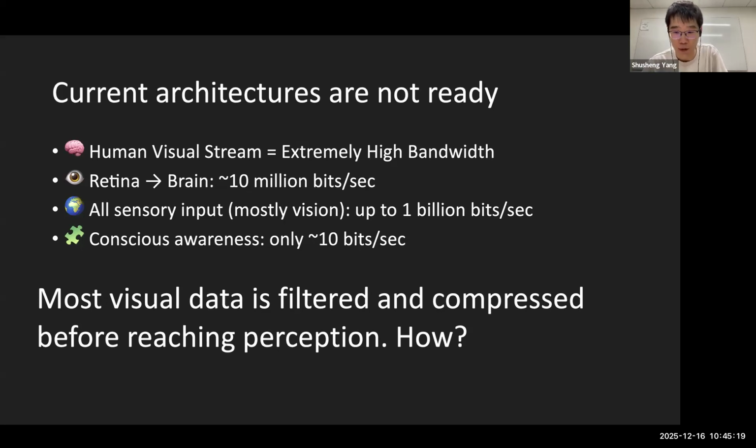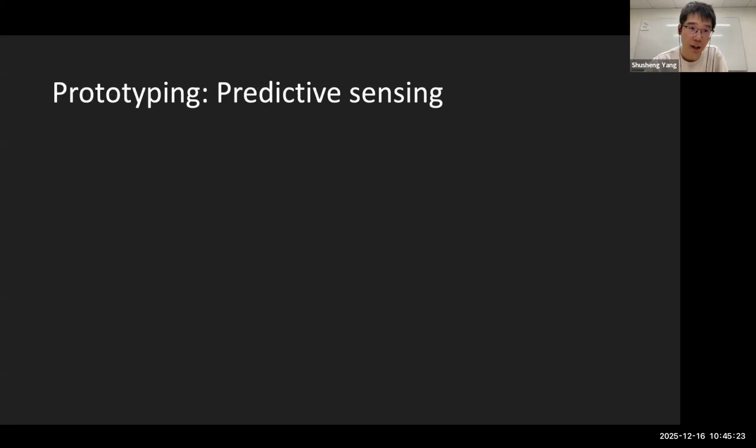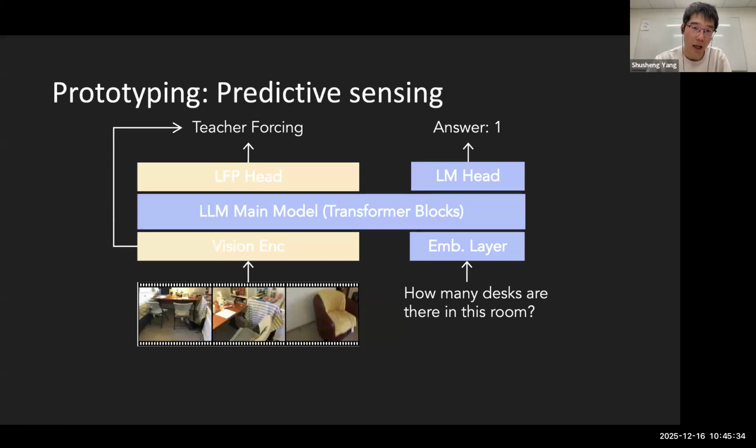But how can humans achieve this? Here we prototype our answer for supersensing, and we call it predictive sensing. We slightly modified our stage 4, and we add one additional head on top of the current model architectures. We call it the latent frame prediction head.